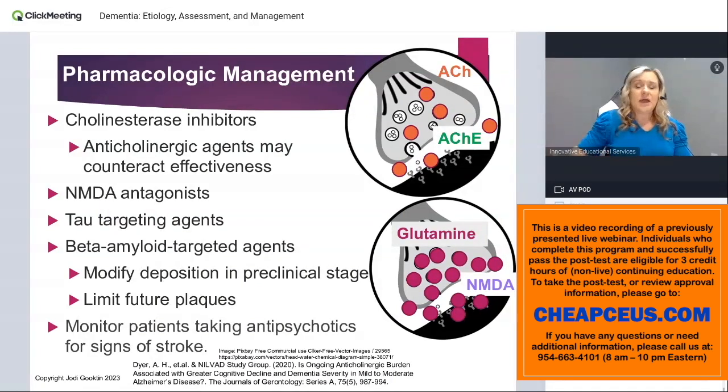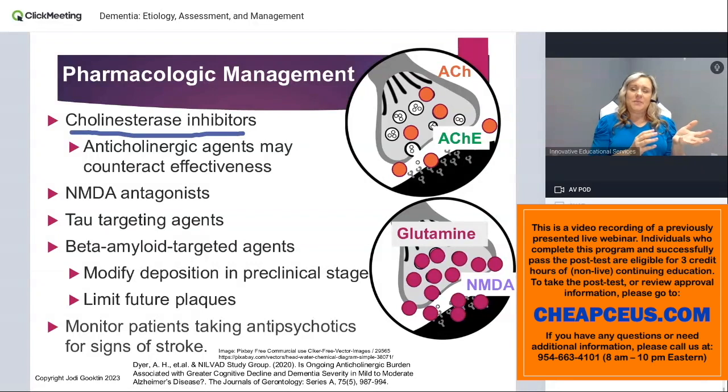As we look at pharmacologic management of Alzheimer's disease, there are different medications that are available. The first category that we will discuss are the cholinesterase inhibitors. If we rewind to what we discussed earlier about the pathophysiology, we said that a secondary effect that's happening in the brain is less acetylcholine, therefore less neurotransmission.